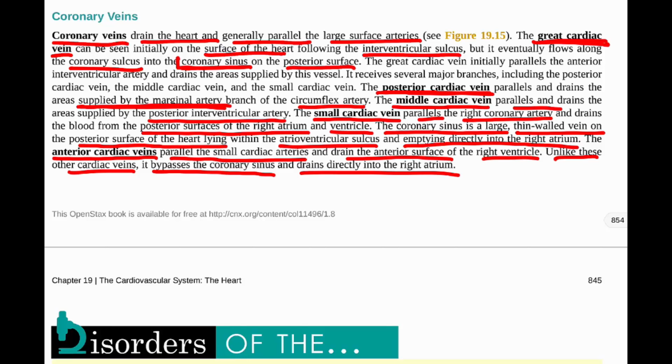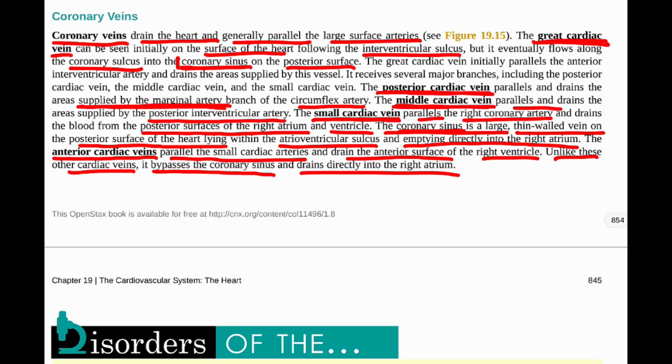Then we have our middle cardiac vein, which is in our posterior interventricular sulcus, along with our posterior interventricular artery, that then goes into our coronary sinus. And then we have our small cardiac vein, which is paralleling the right coronary artery, that also goes into the coronary sinus. All of those are going to drain into the coronary sinus.